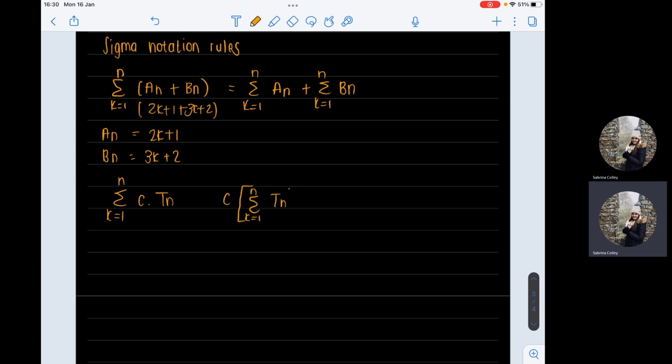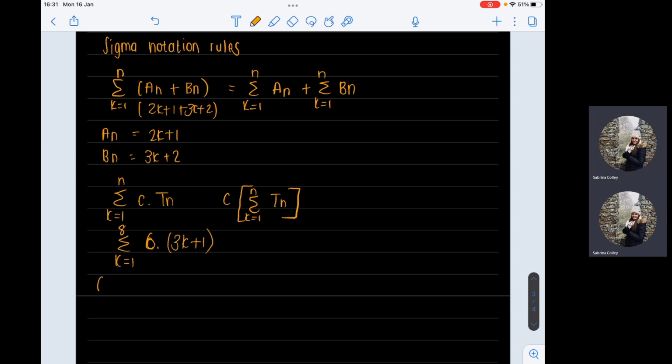So for instance, if I want the sum of 8 terms starting at k equal to 1, and I say 6 times 3k plus 1, I can just take that 6 out, work out the sum, and then multiply it by 6. You basically want to isolate those general terms. It's easier.